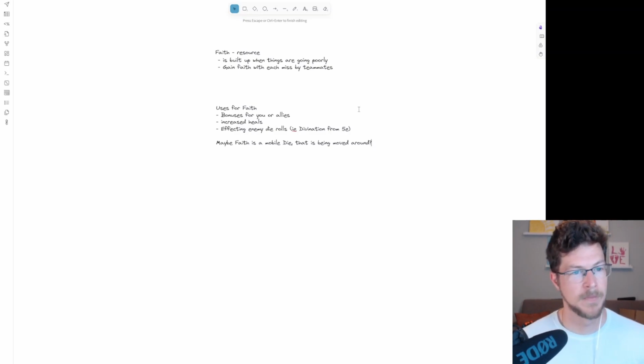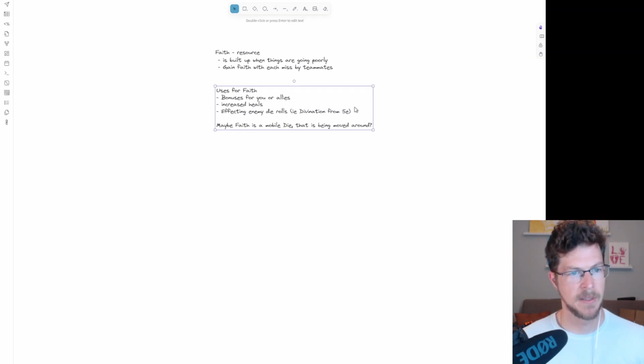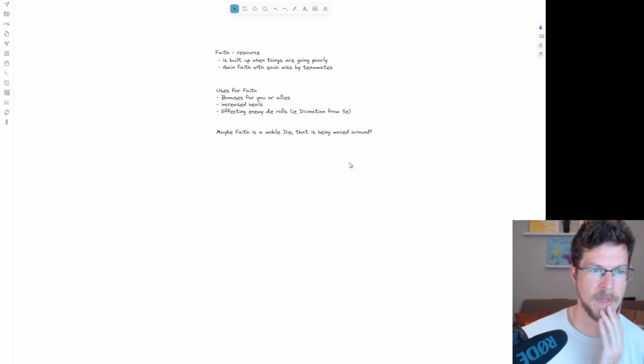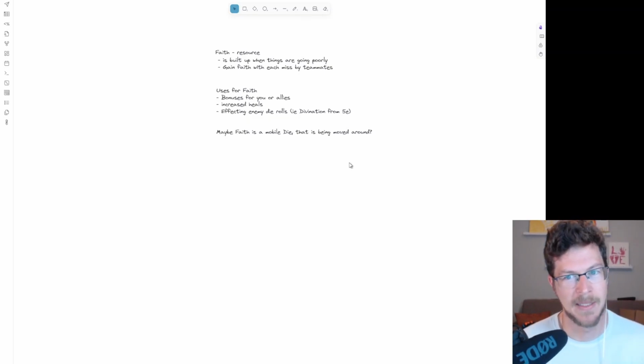Maybe that's what faith is? That's getting interesting to me. I like the idea that faith is potentially like a divination die. But that's powerful. Those divination dice are super powerful. So you couldn't have that constantly out.